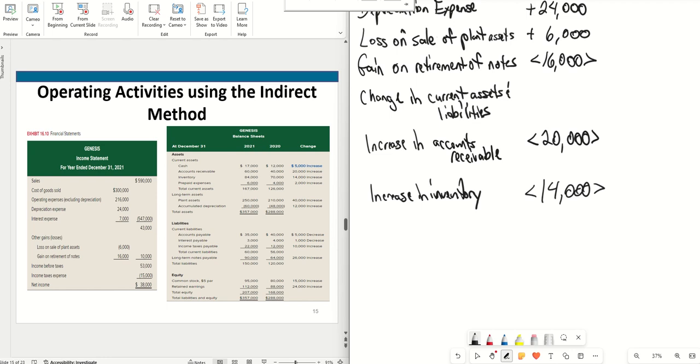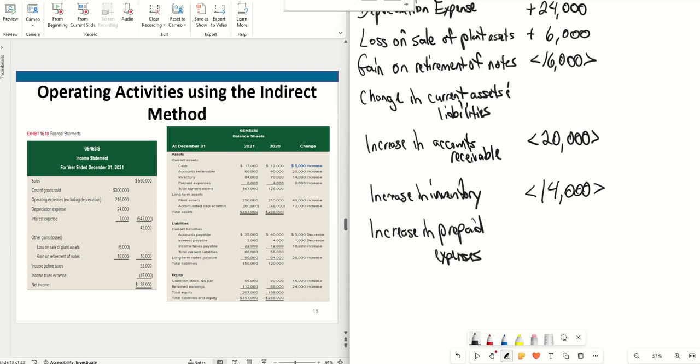Okay, next we have also an increase in prepaid expenses. So prepaid expenses, this could be a consolidation of supplies, rent, insurance. It doesn't specify if it's prepaid rent or prepaid insurance or supplies.